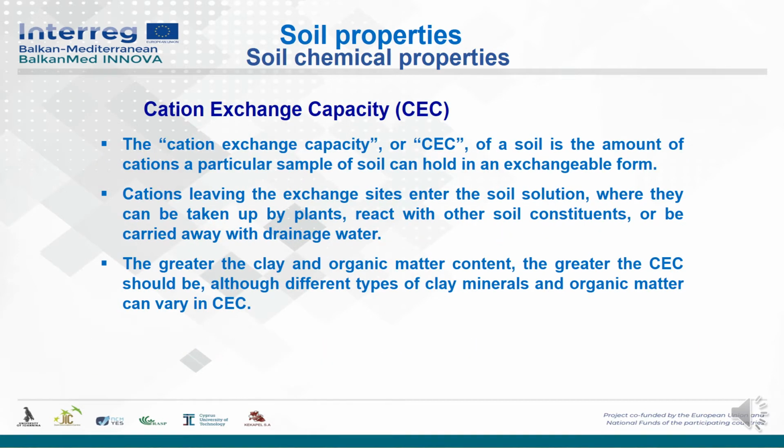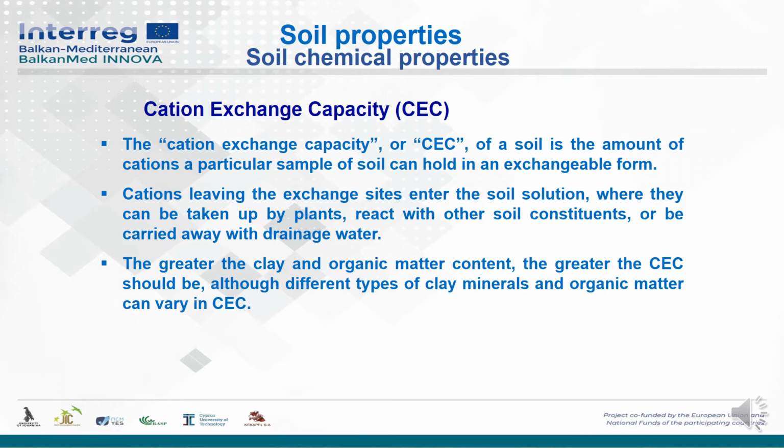Okay, now in this slide we start to speak about soil chemical properties. The previous slide was the last property included in the list of soil physical properties, and it was bulk density.